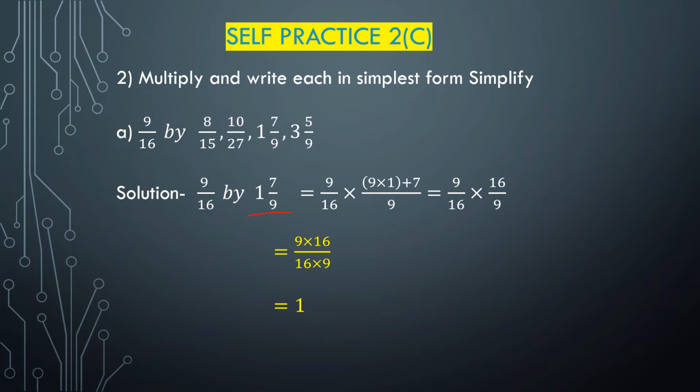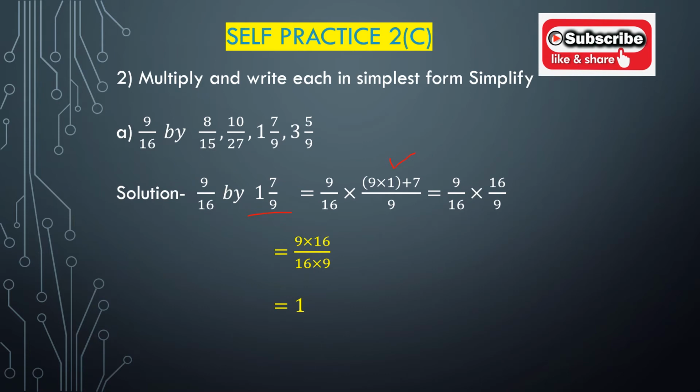Now 9 divided by 16 multiplied with 1 7 divided by 9. Converting 1 7 divided by 9 into an improper fraction: multiply the denominator 9 with the whole number 1, plus the numerator 7. So 9 multiplied with 1 plus 7 is in the numerator and 9 is in the denominator. 9 multiplied with 1 plus 7 is 16, so 16 divided by 9.